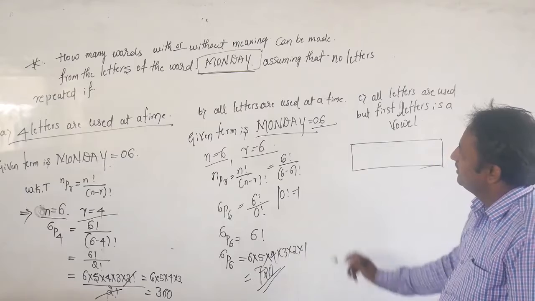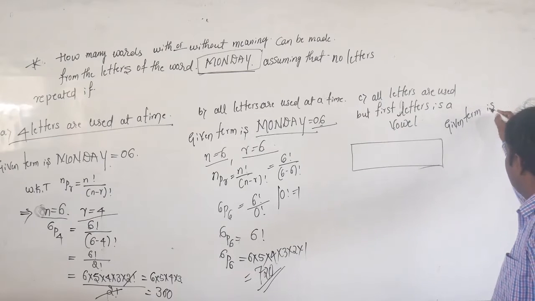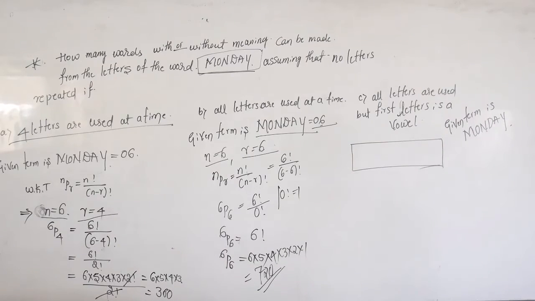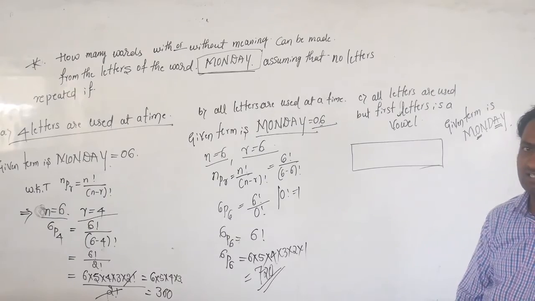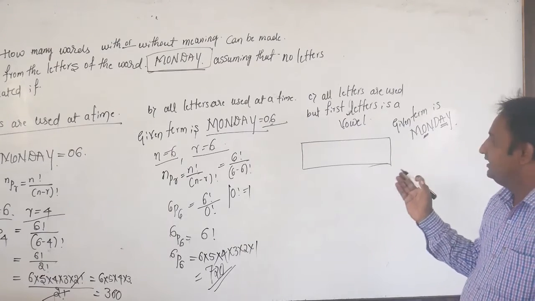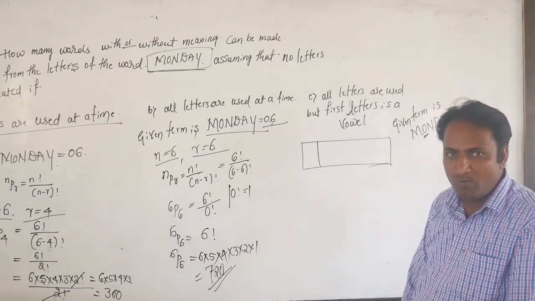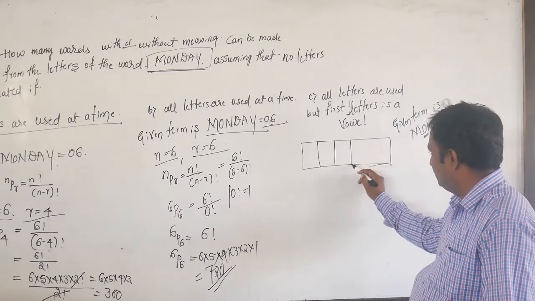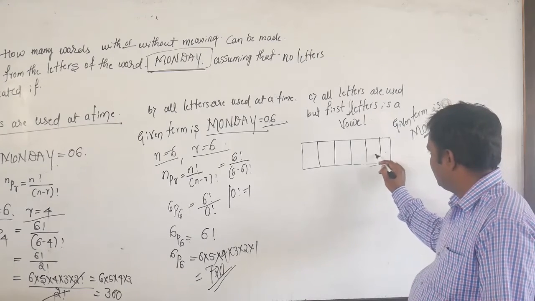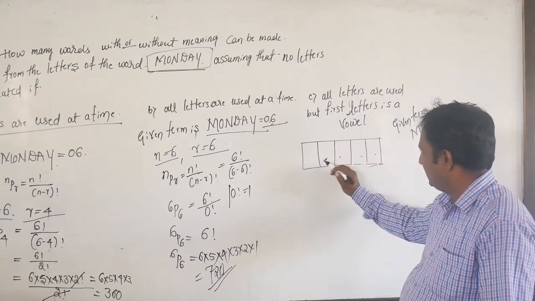Out of 6 letters, the 2 vowels are separate, and there are 4 other letters. The first letter is taken from the vowels. The remaining 4 letters: 1, 2, 3, 4 letters are remaining.